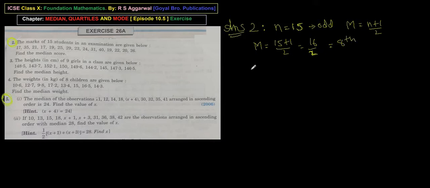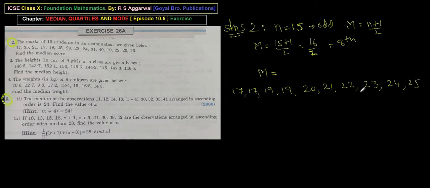8th observation. So now before finding the 8th observation, we have to write down all the observations in ascending order. So we got 17, 17, 19, 19, we got 20, then 21, 22, 23, 24, 25.